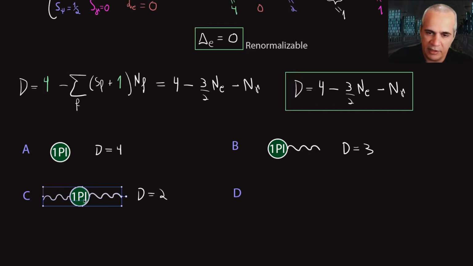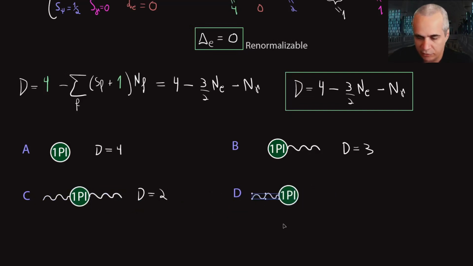Now I can go and think of a 3-photon vertex, like that, to look better. 3-photon vertex, which has D equal 1, again because I'm increasing the number of photon legs. Let me copy this because soon I won't be able to see it.